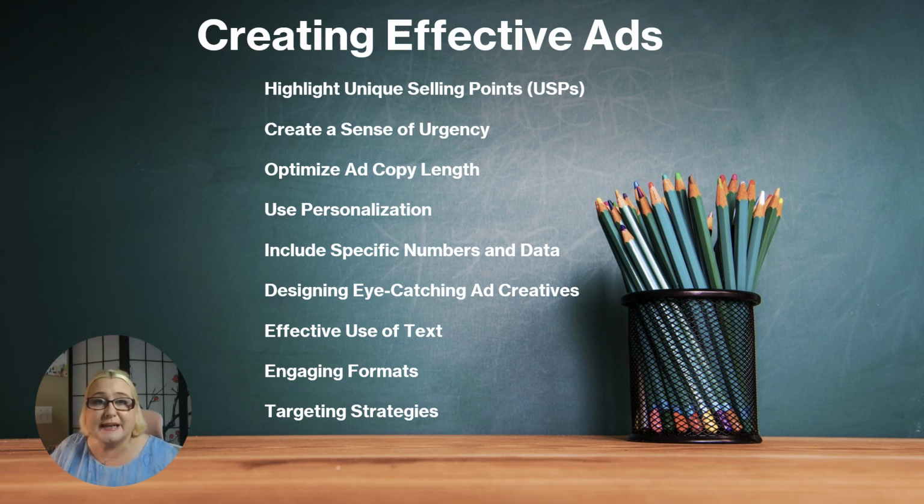Using negative keywords to avoid irrelevant traffic is also going to help you ensure your ads are being shown to the correct people. Category selection, relevant categories. Make sure your book is listed in the most relevant categories on Amazon to reach your target audience.